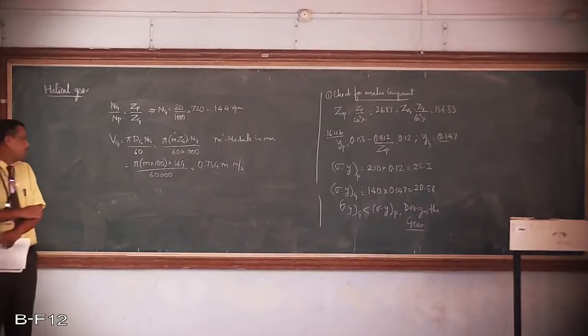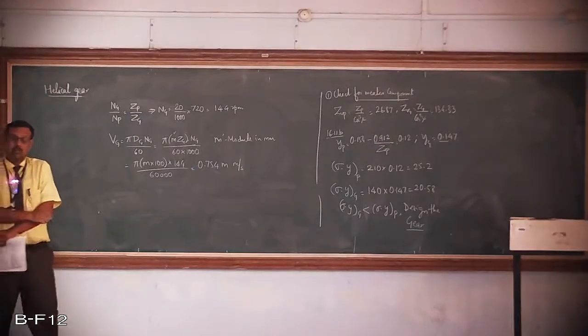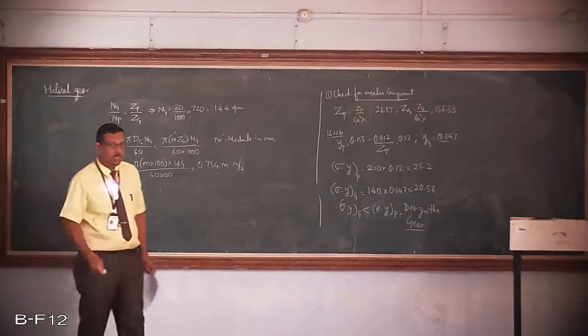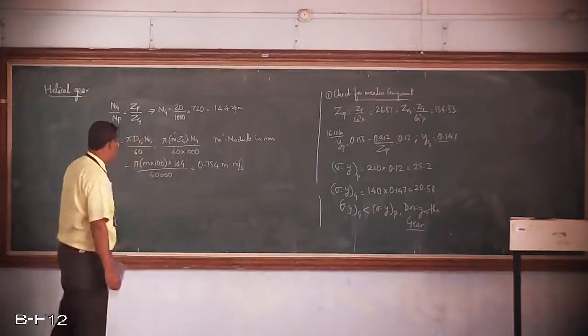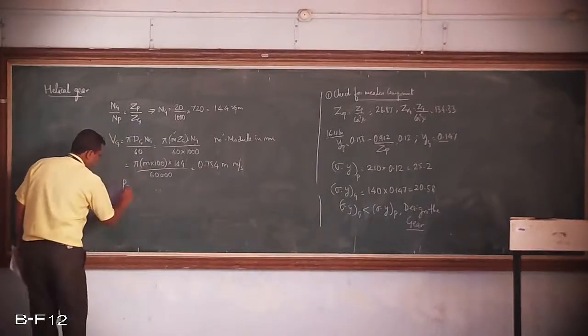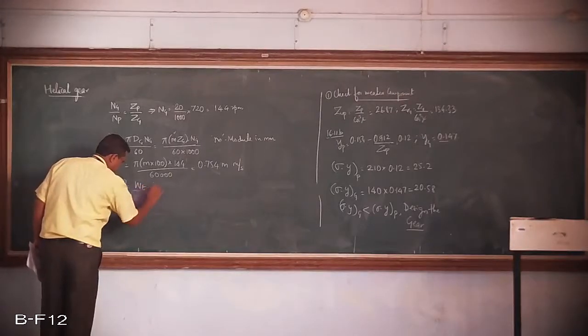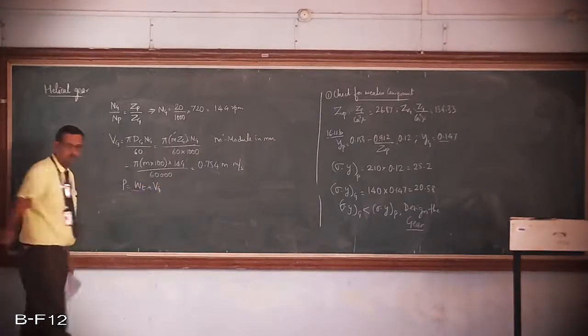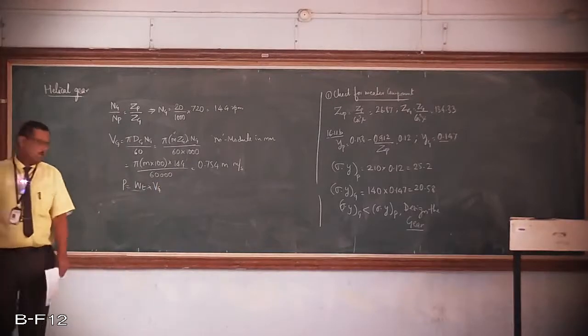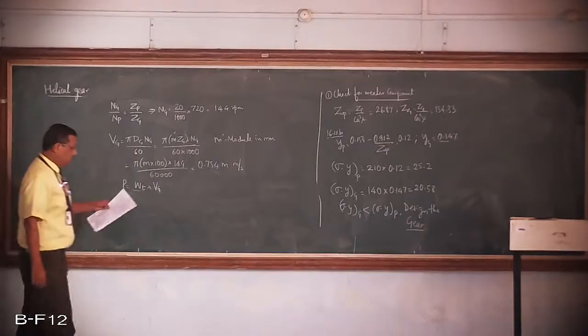Now, once you know the velocity of the gear, we can find the tangential load acting on the gear. We know power is equal to tangential load into the velocity of the gear. But it is not simply that 10 kilowatt is transmitted normally.